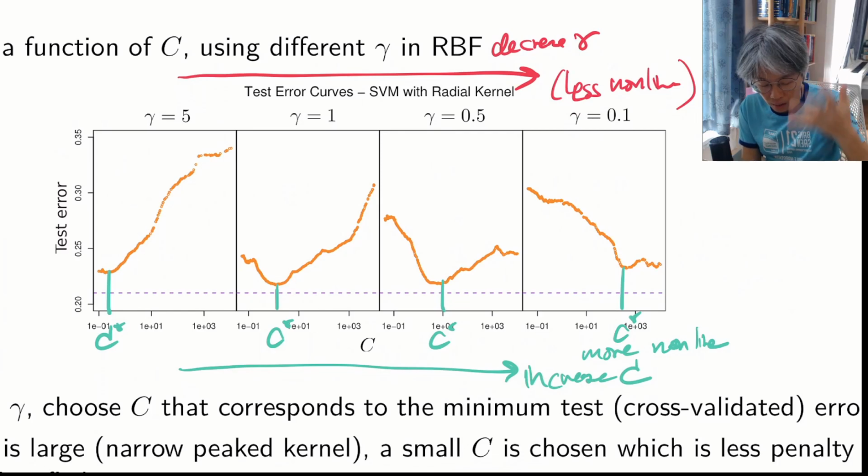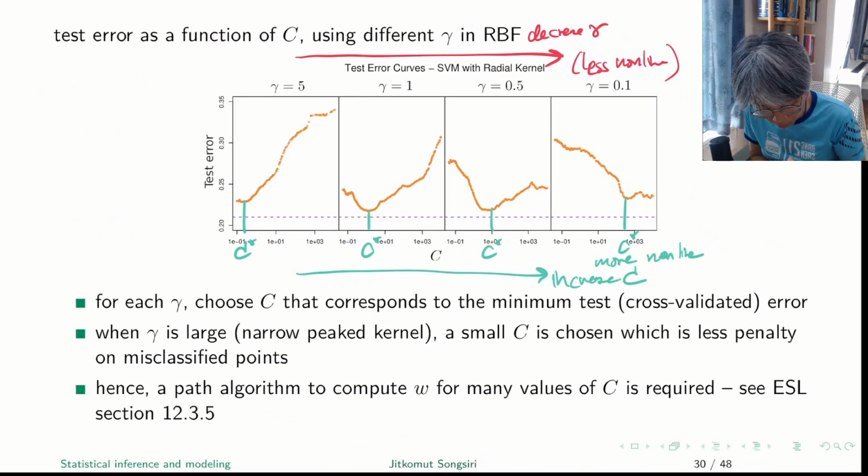That's a good, optimal compromise for a pair of gamma and C, and you can choose it using the cross-validation error.